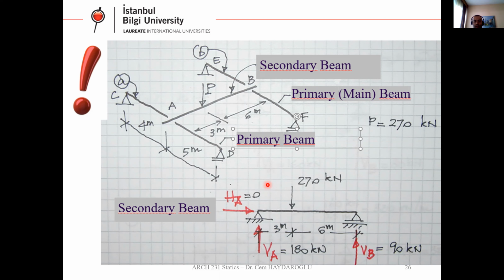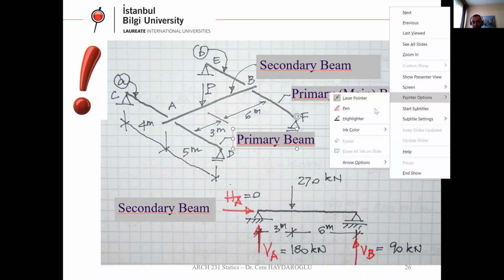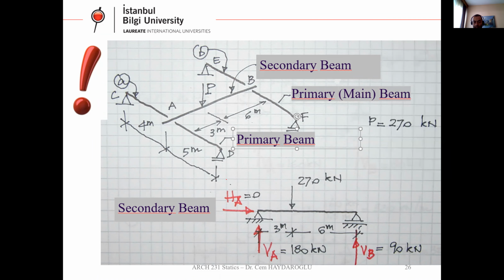How can we calculate this vertical A and B? If we write the total MB, I can calculate vertical A. If I write the total MA, I can calculate the vertical B. So let me write the equations here.